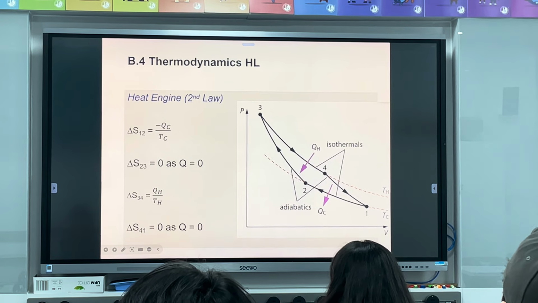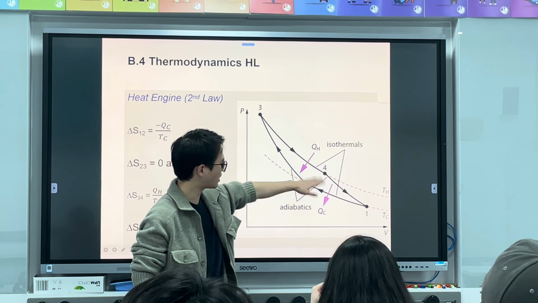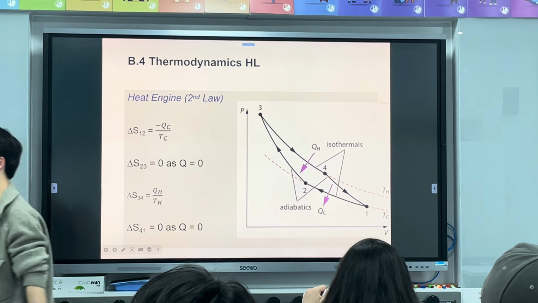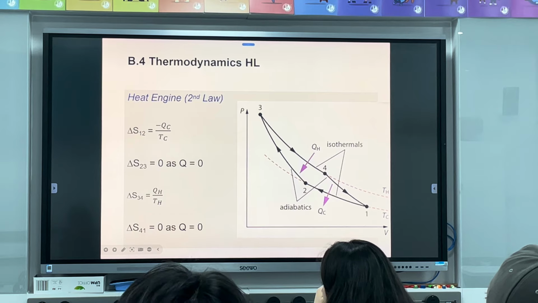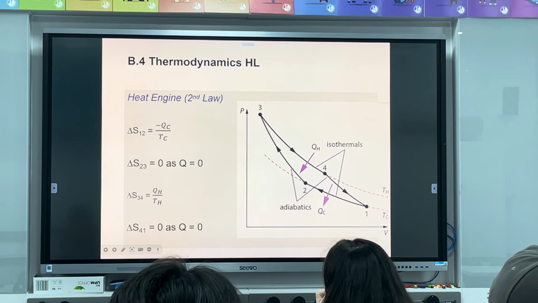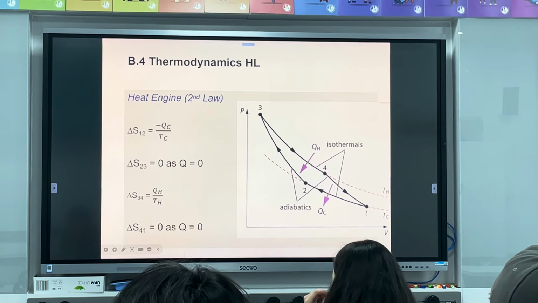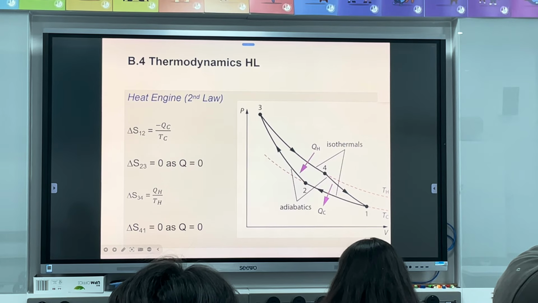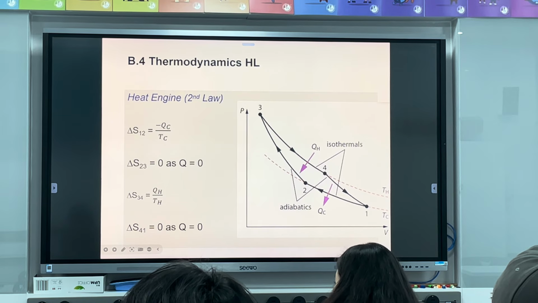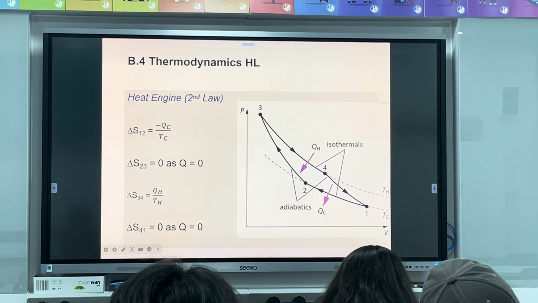For a heat engine, in this case, because we still have the work done here, this is not a reversible process. It is still irreversible. But we assume that the hot reservoir and cold reservoir have constant temperatures, which you probably cannot find in real life. And we assume there's no heat loss to the surroundings, but in reality, there's going to be heat loss to the surroundings.